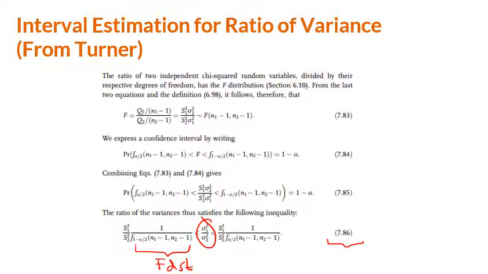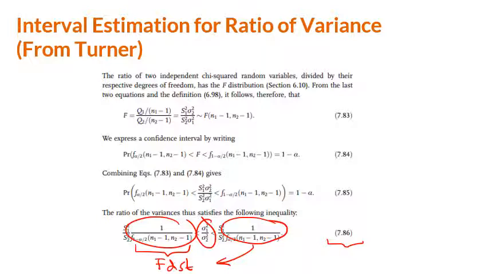We will not dwell on this too much. The thing is, the ratio of the two variances has an interval, and the interval is bounded by these two parameters. What matters here, class, in the interval estimation of the ratio of variances is this.